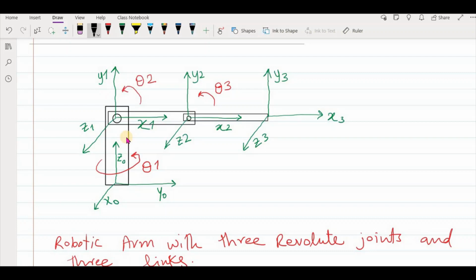So once you assigned your frame to joint 1, now it's time to assign a frame to your joint 2. For joint 2, you assign the frame 1, and again the rotation must be about the z-axis.